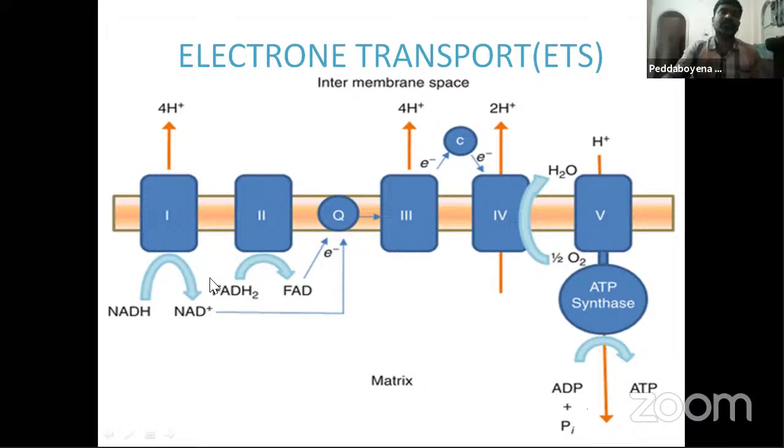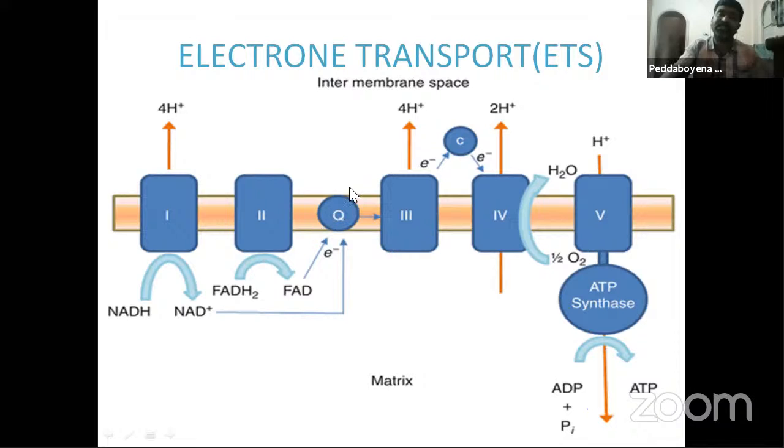So in NADH to NAD plus formation, 2 electrons are given to the FMN prosthetic group, then 4 protons are pumped out at complex 1. Then the electron goes to ubiquinol, and then goes to complex 3, cytochrome B. Then immediately, due to the loss of electrons transported to complex 3, a deficiency is formed.